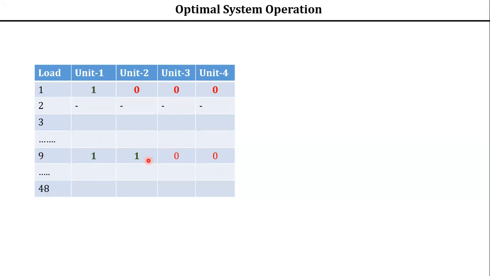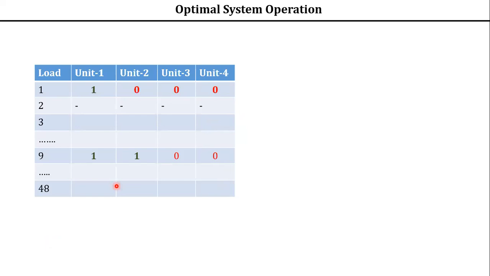They are operating, so 1, 1. And the other units are not operating, so 0. Like that, for all the loads you have to see what the optimal combination is, and represent 1 and 0 in this chart for the total load. So this is the unit commitment table for one power plant consisting of 4 units.